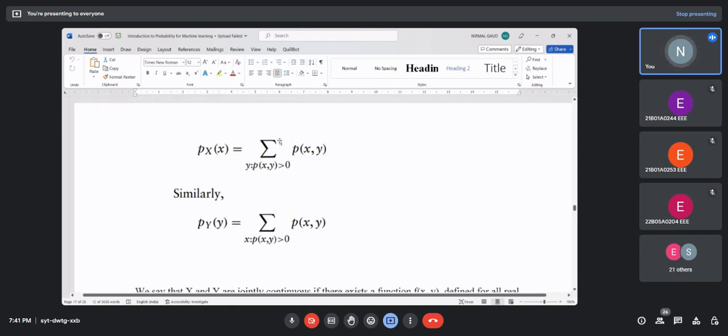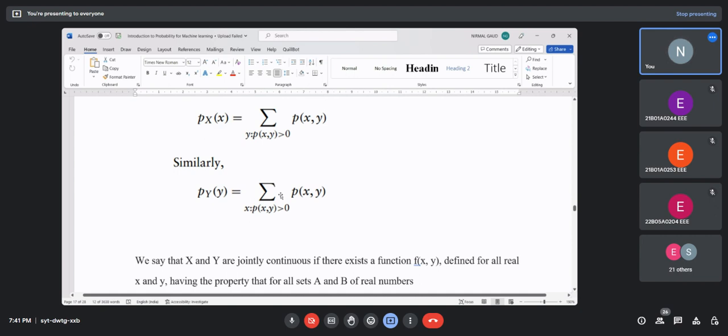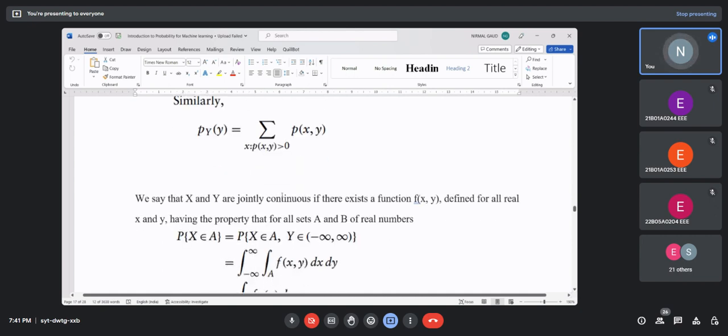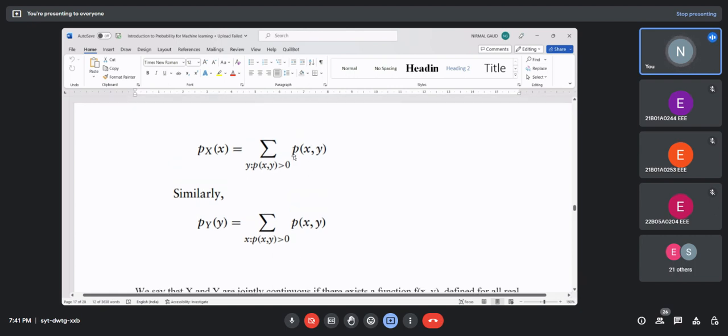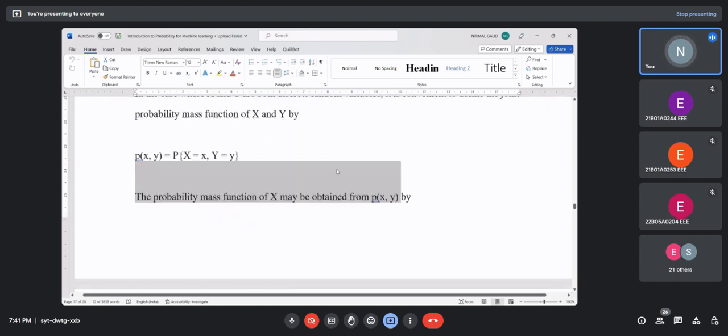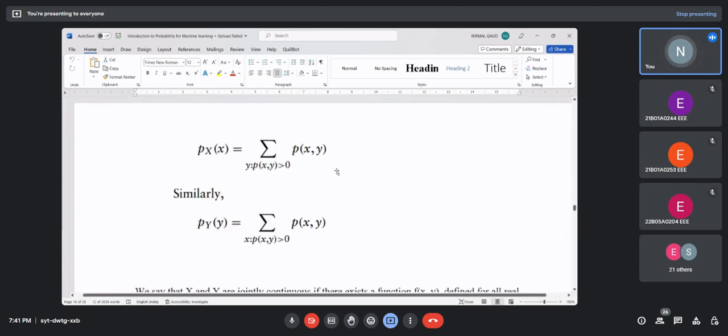Similarly, it should be like this only, summation of p(x, y). Here for the discrete case, I'm going to take the summation of the probability of x and y both. Previously I was just taking the summation of p(x) for one variable x. Now I'm having two variables, so I'm taking p of x and y combined, and I'm going to take the summation of them.